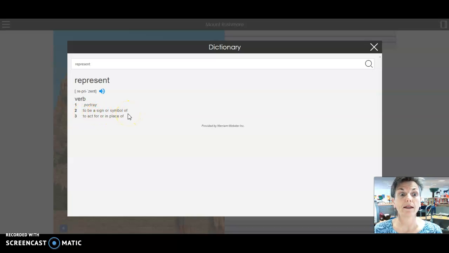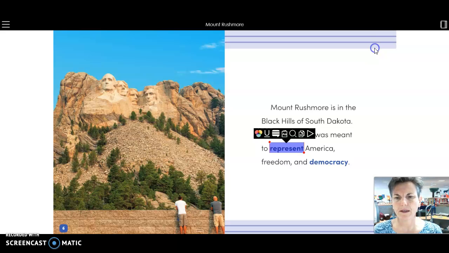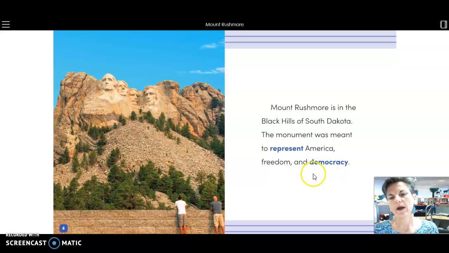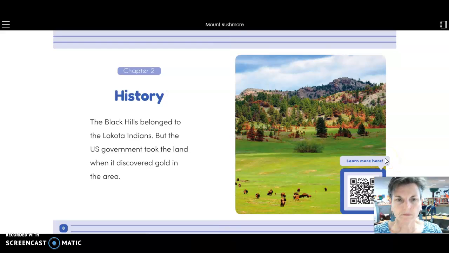Big time, right? Symbol of the U.S., Mount Rushmore. To act for or in place of. Okay, that's what represent means. Okay. And democracy, that's the kind of government that we have. I'm not going to click on every vocabulary word, but you can when you read through the book, okay?